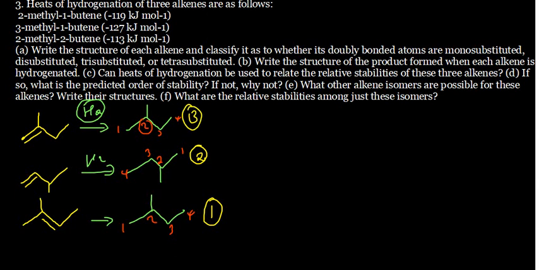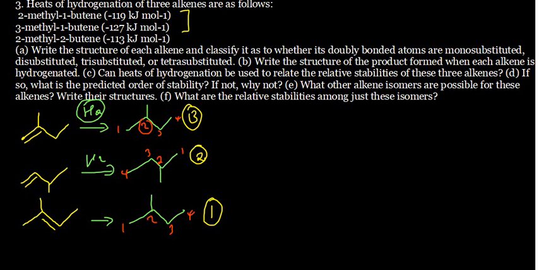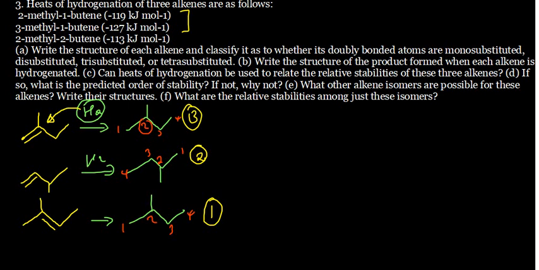So we're going to start with the third one, followed by the second, and then the first. That is from the heats of hydrogenation. And the reason for that is the smaller the heat of hydrogenation, the more stable. It's like you are easily able to add a hydrogen on this compound. So the easier it is, the more stable. So that is what we are able to deduce from the heats of hydrogenation.